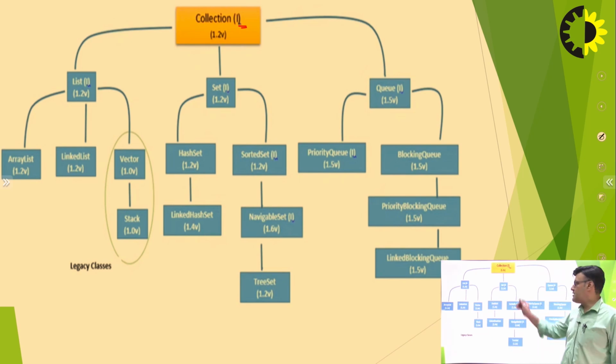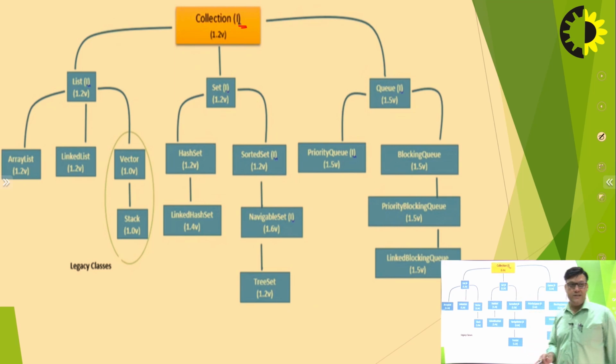Under this Set interface we have HashSet, this is the implementing class, and LinkedHashSet. Set is the base interface of SortedSet, then NavigableSet and TreeSet. Queue is the base interface for PriorityQueue. Implementing classes are BlockingQueue, PriorityBlockingQueue, and LinkedBlockingQueue.